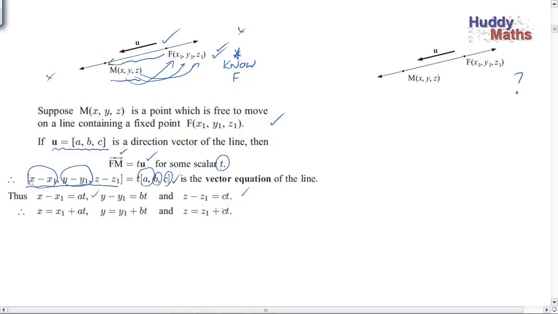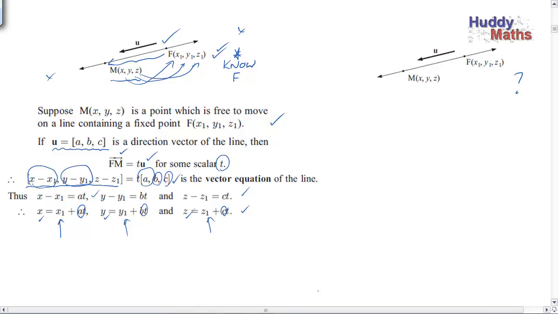Here we are. So there is a set of parametric equations to describe what x must be, what y must be, and what z must be for that general point (x, y, z) to lie on that line. So you can see we're fixing it through our point F and we're giving it the direction (a, b, c) and t lots of that.